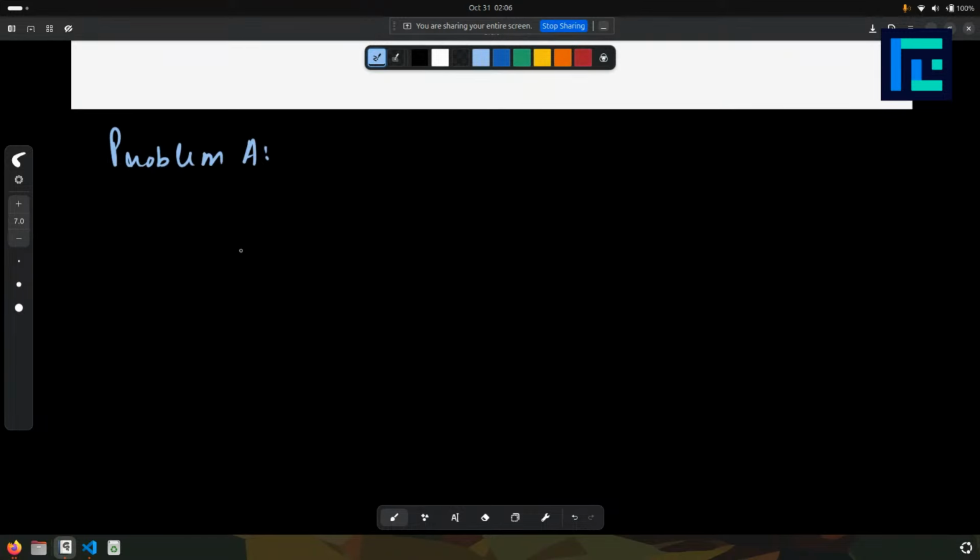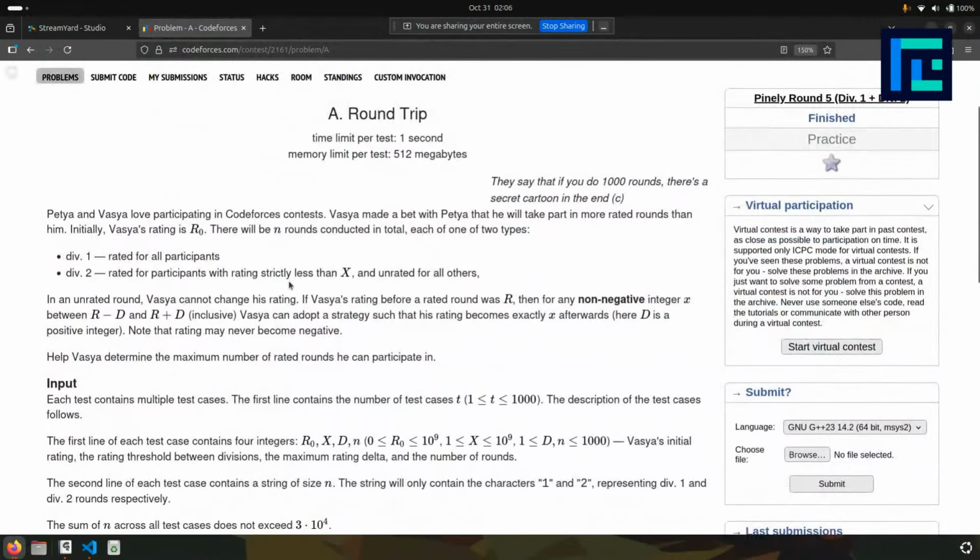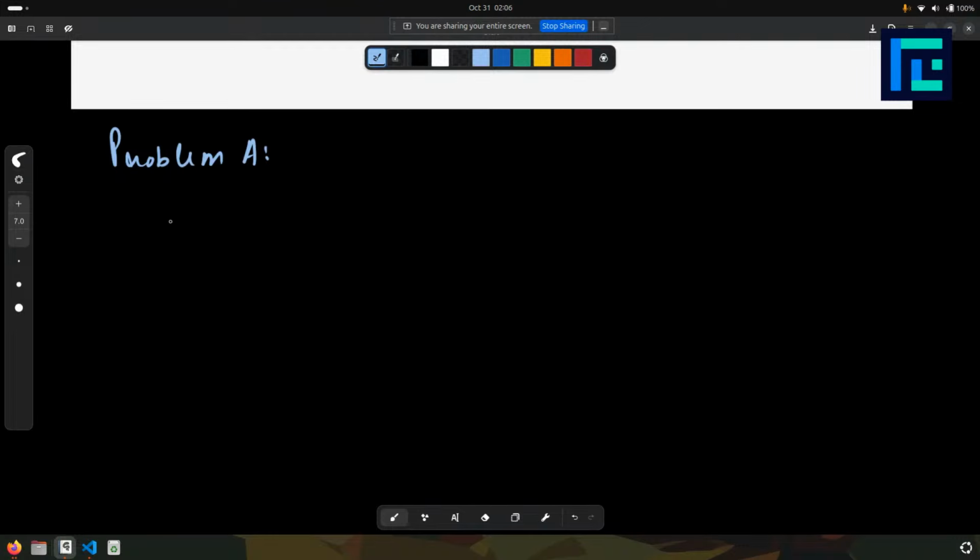So basically this problem says that there are two types of rounds.